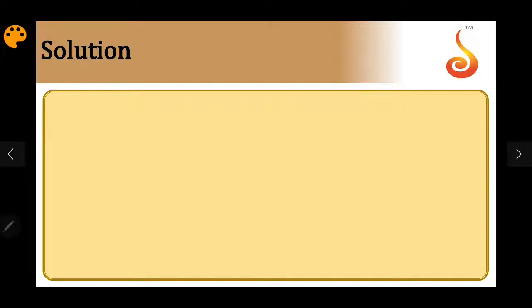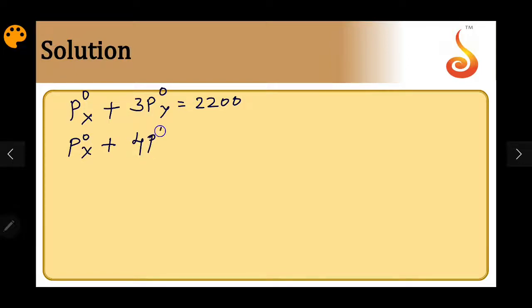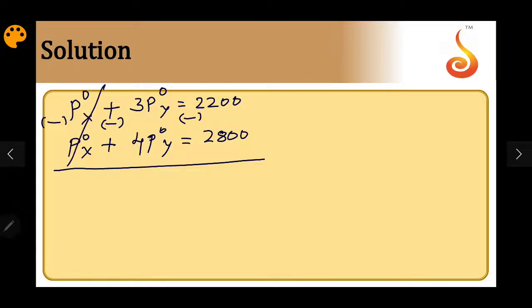So the two equations were P naught X plus 3 P naught Y is equal to 2200, then P naught X plus 4 P naught Y is equal to 2800. If I subtract the first one from the second, so this gets cancelled. P naught Y is equal to 2800 minus 2200, it will be 600.